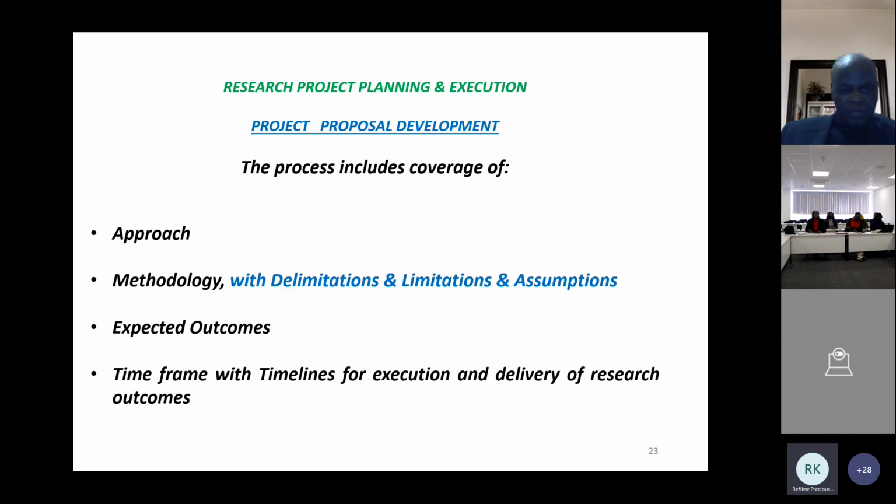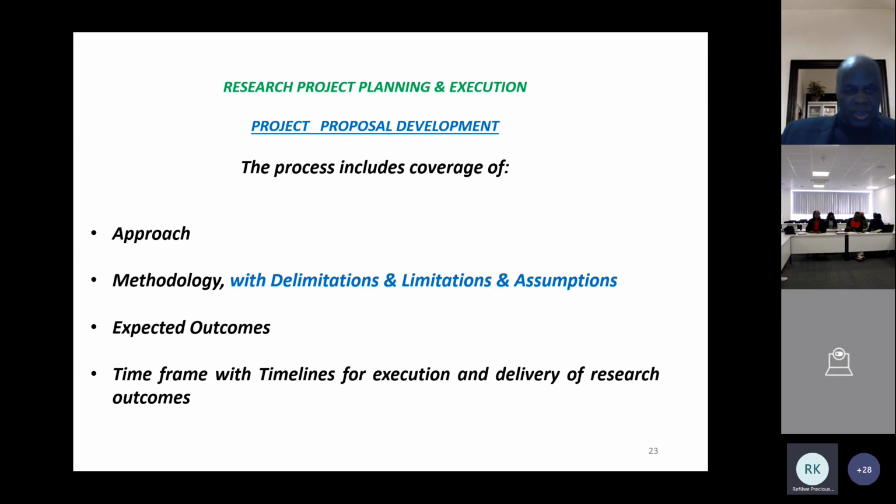Okay, so from the research aim, objectives, research questions, then the next in the rank is the approach and methodology. And we would also decode what the approach means and the methodology means.